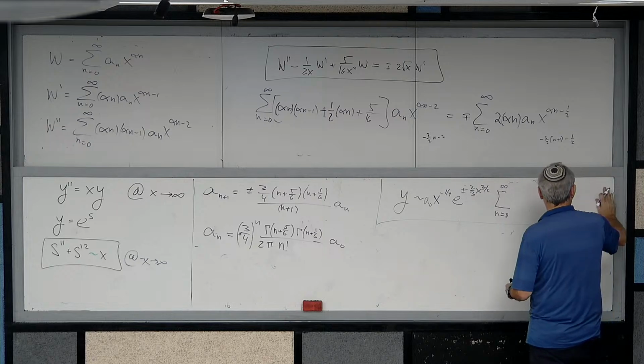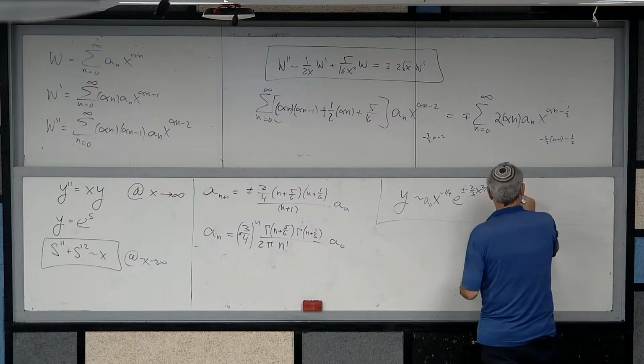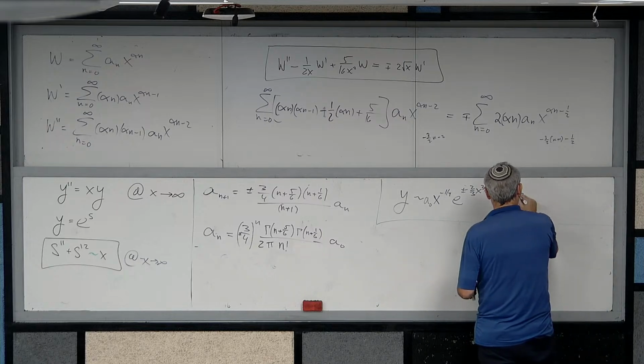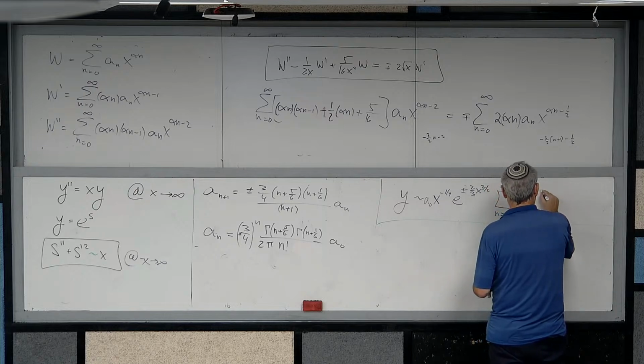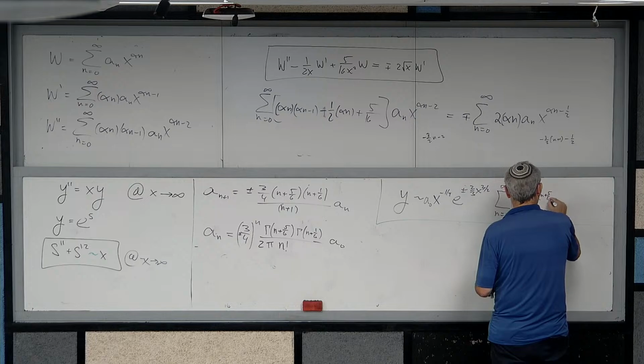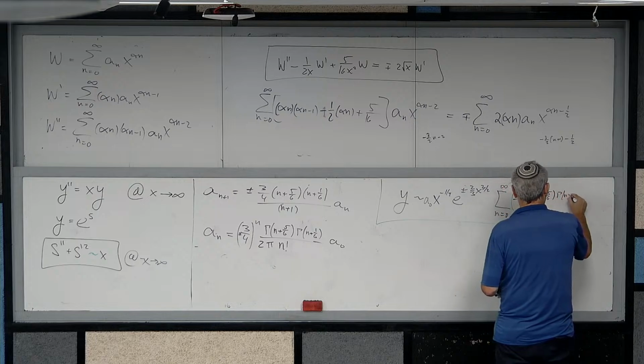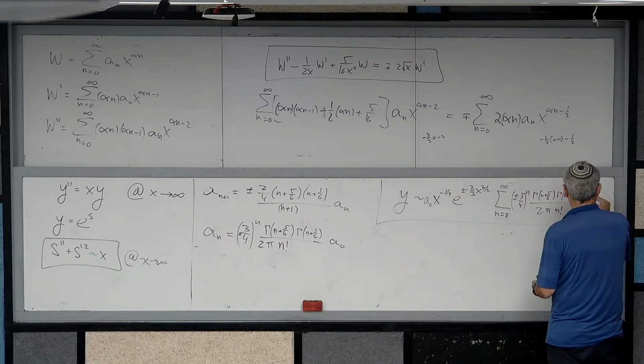Now I will make another mistake. Plus minus 3/4 to the power of n, gamma of n plus 5/6, gamma of n plus 1/6, divided by 2 pi times n factorial times x to the power of minus 3/2 n minus 1/2.